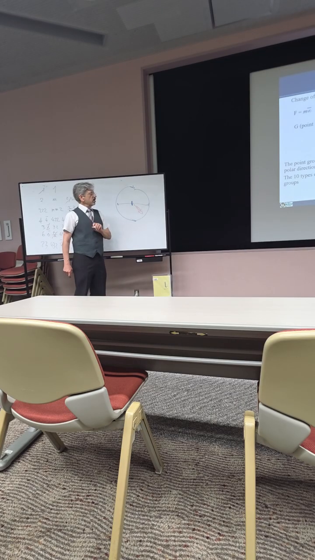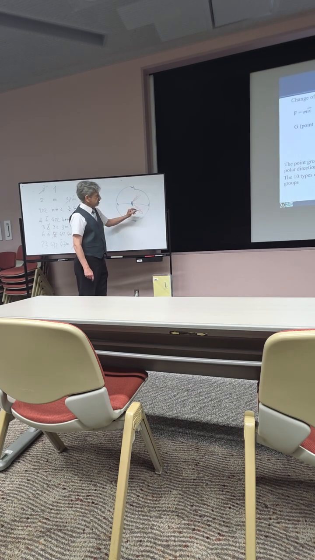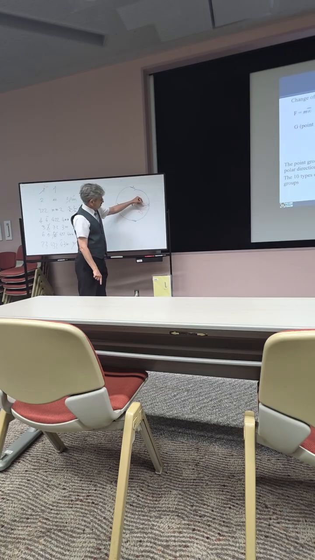When you act with these two-fold axes, you must have the same field along this, which means you have a vector sum, the resultant field along this direction coming out. But then you have a two-fold axis there, and so you have the same field going down, and so it is oriented along this axis.